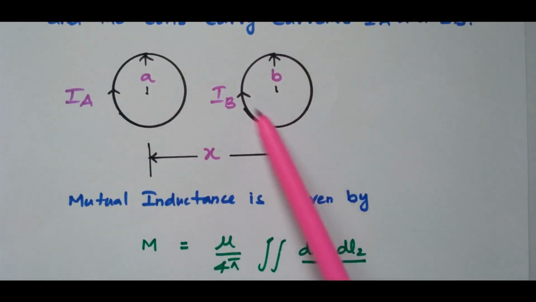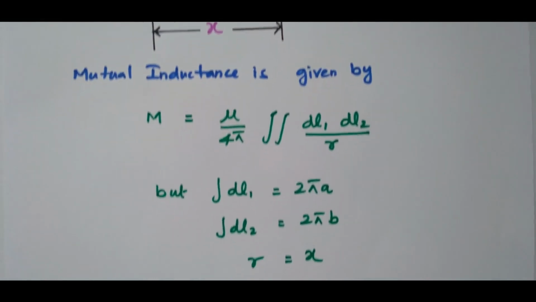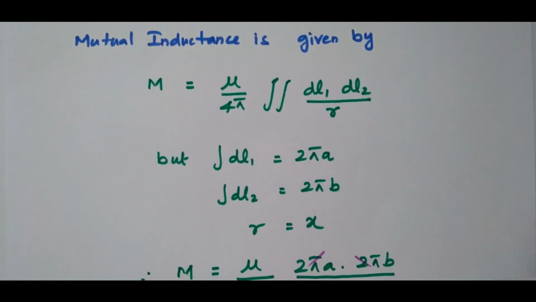Similarly, the circumference of this current loop. So integral dl1 equals 2 pi a. Similarly, integral dl2 is L2, which is nothing but the circumference of the second loop, 2 pi b. Here r we consider as x, the center to center distance between the circular current loops.